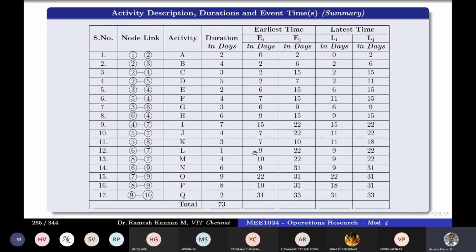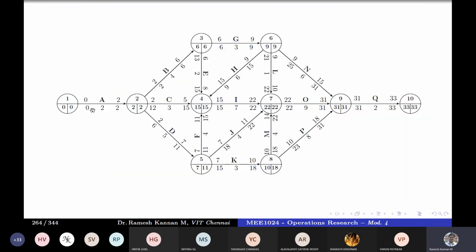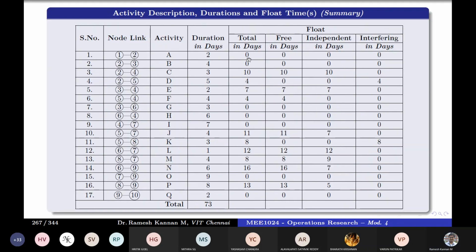Total float, we define using the latest finish minus early finish, or latest start minus early start. So this is start float and end float. If you subtract both, whichever activity has a total float of 0.